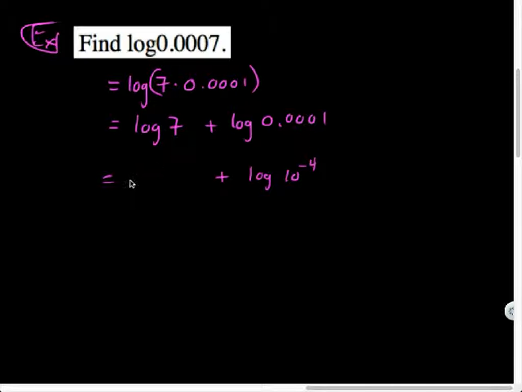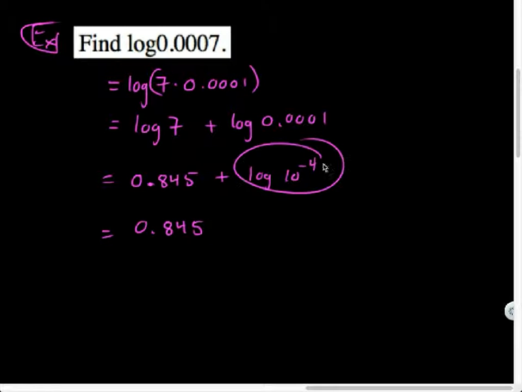And log of 7 happens to be equal to 0.845. You just hit log 7 on a calculator. Or it would be like how I gave you the information earlier at the beginning of those other examples. So this is 0.845.